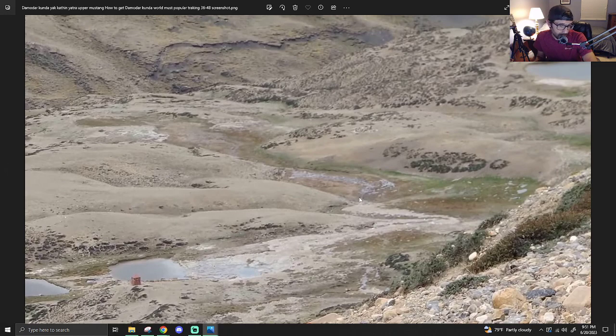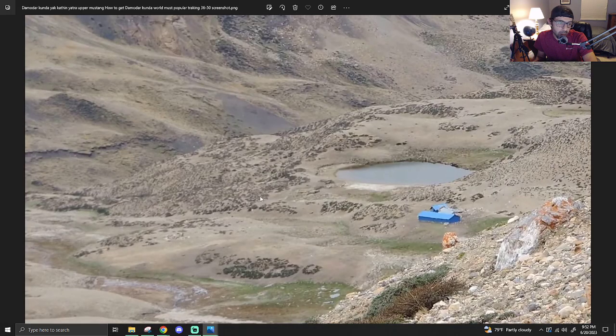That's interesting. It's got this like mound between. Path between, mound between. Lake.